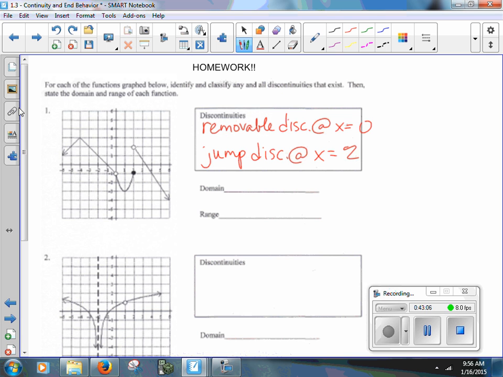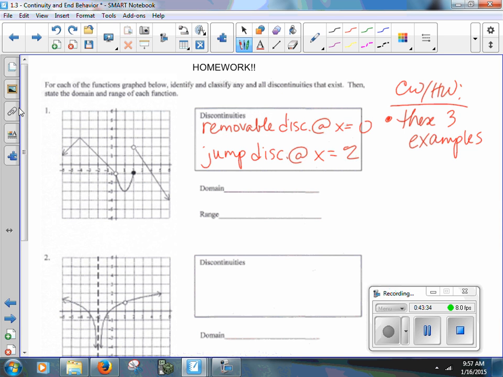So you've got 3 problems. These 3 problems for homework. Okay? All 3 of these examples of discontinuity and domain and range. We'll go back and pick up all the rest of the stuff on Wednesday, because that would be a good review for us.